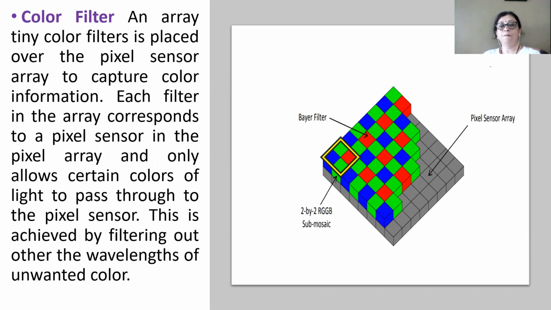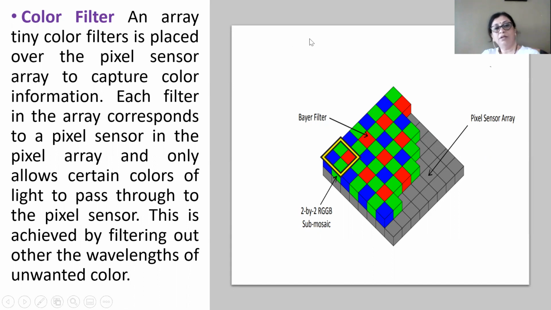There is an array, just like pixels. There is an array of filters which is called a mosaic. It is just like your tiles. How tiles are arranged, in the same way the filters of different colors are arranged in a matrix fashion.